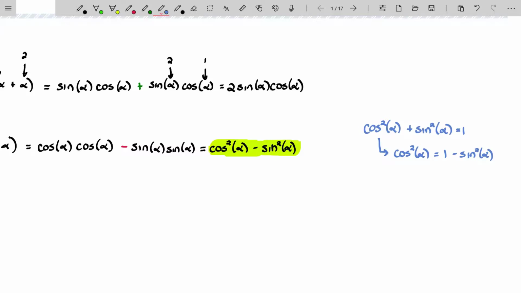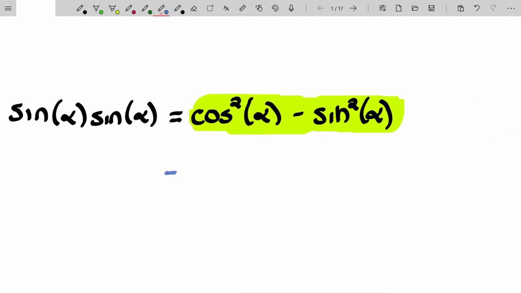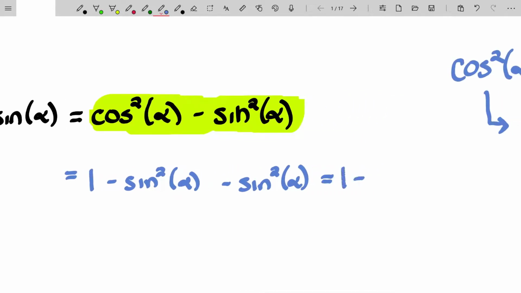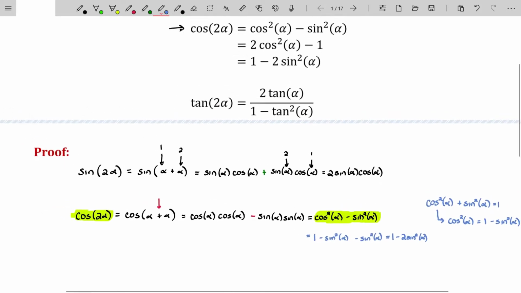I'll use blue ink actually to do that. So another form of this would be 1 minus sine squared of alpha. And then we still have that minus sine squared of alpha off back. But that means you're losing 2 of those sine squared of alphas. And if you look at that, that is actually the third form.